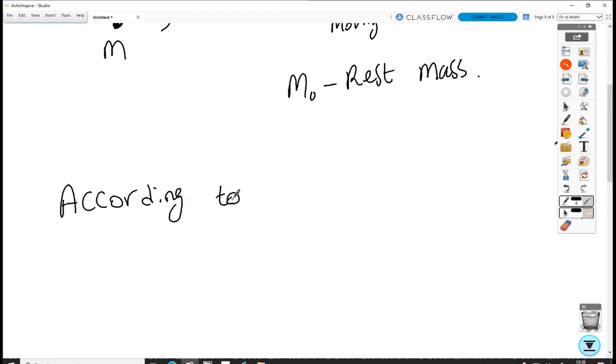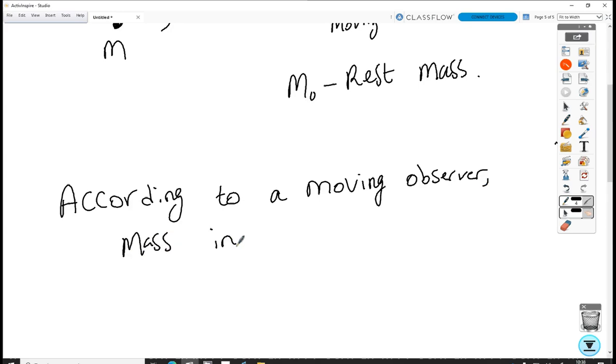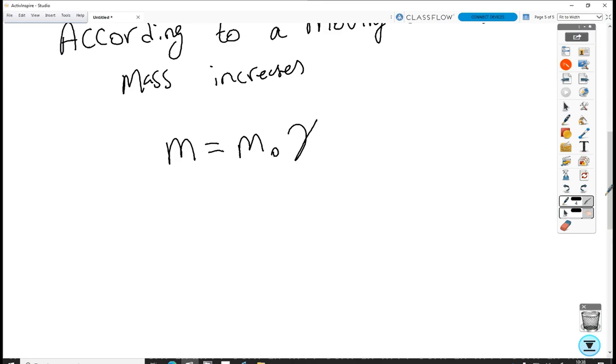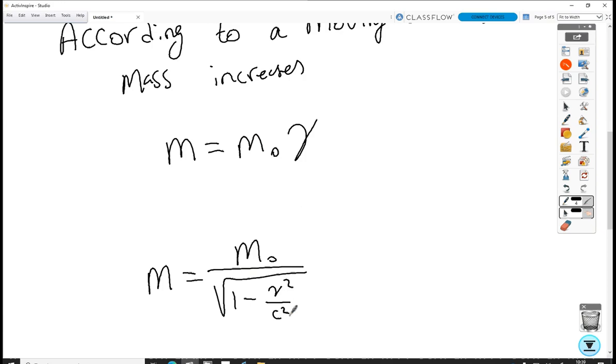So according to a moving observer, mass increases, and the equation we have is m is equal to m naught gamma. If we substitute the value for gamma in there, we've got m equals m naught over the square root of 1 minus v squared over c squared.